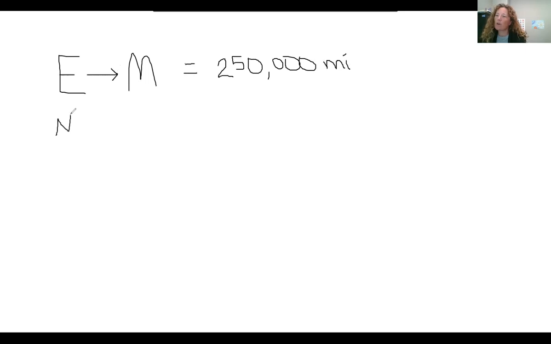The distance from New York to LA is 2,500 miles. One thing that's important to note is that these are in the same unit. If one of these were in miles and one were in kilometers or yards, we would want to make sure that we put them in the same unit so that we can compare them meaningfully.